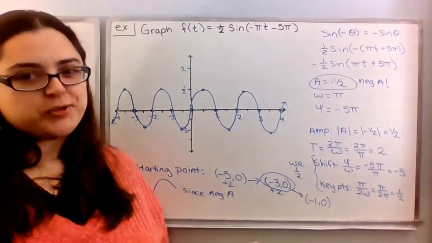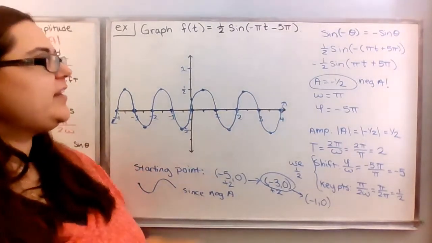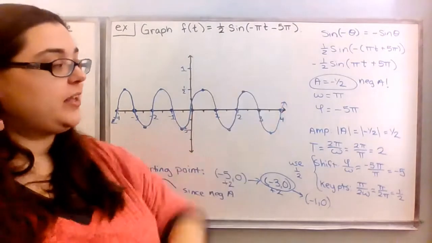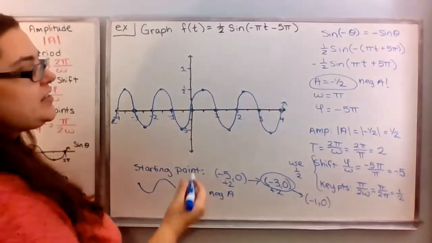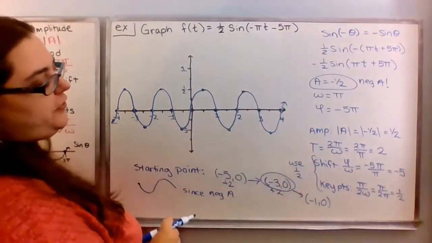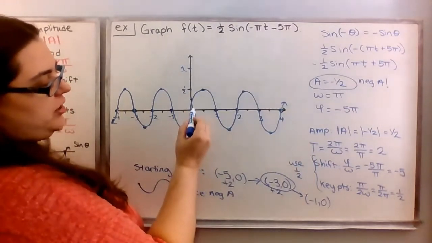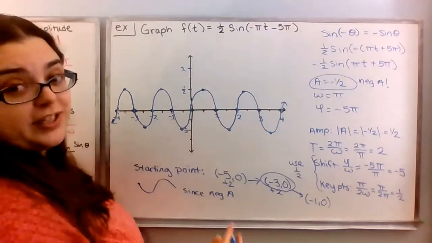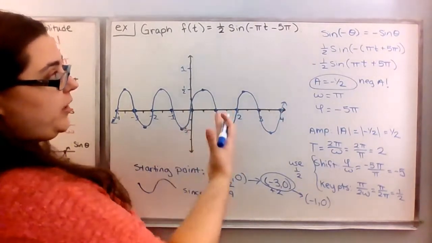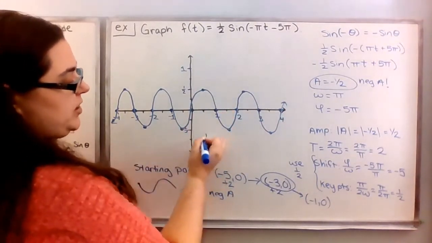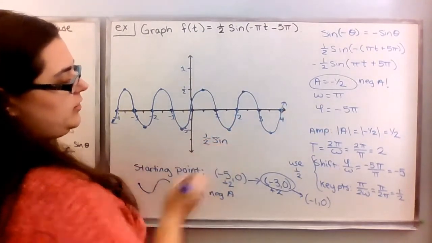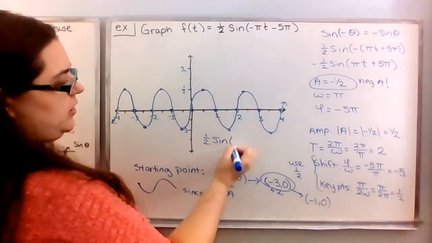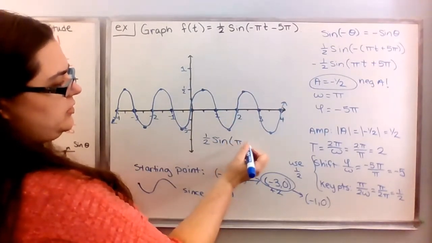What this is also illustrating is that this function was written much more complicatedly than it needed to be. Notice that if I didn't incorporate a phase shift, I would just have the normal sine curve, so I wouldn't have needed that vertical reflection either. Another way to have written this sine function would be 1/2 sine of pi t.